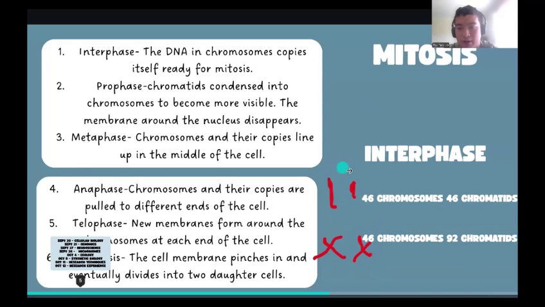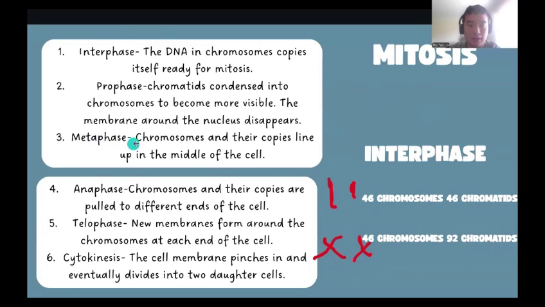So this is 46 chromosomes, and this is also 46 chromosomes, but because of interphase, it's double the amount. So it's now 92 chromatids. I hope it makes sense.